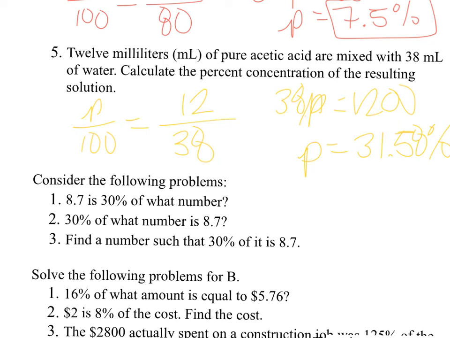Okay, so I'm going to add a page in here, and we're going to do the examples on the next page. Okay, so number 1, we have 16% of what amount is equal to $5.76. So 16 over 100 equals, so of what amount?